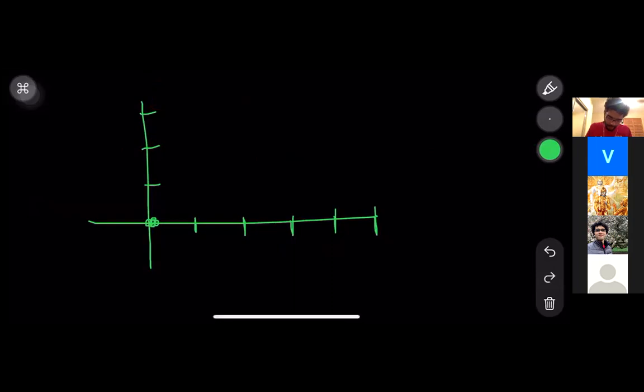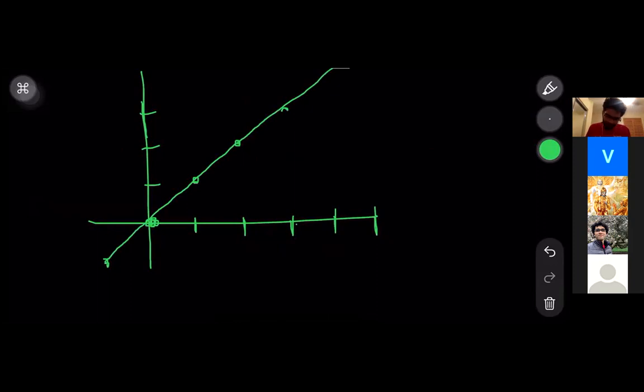Now f of 1 is 1, f of 2 is 2, and f of 3 is 3, right? f of x equals x, that's our formula, and f of minus 1 equals minus 1. So if I just draw this, this would be my function. And if I pick any point, what is the slope of this function? Let us see what's the slope over here. You do this, this is 1, this is 1. So the slope is 1.